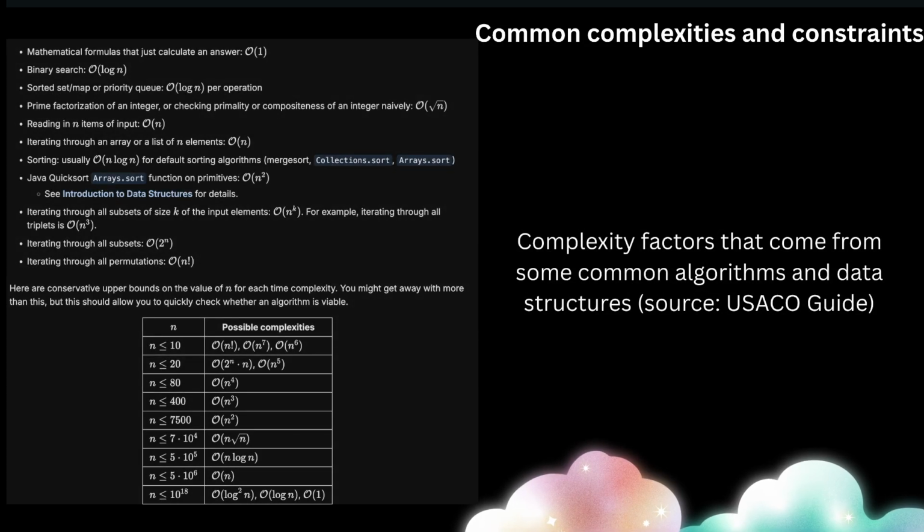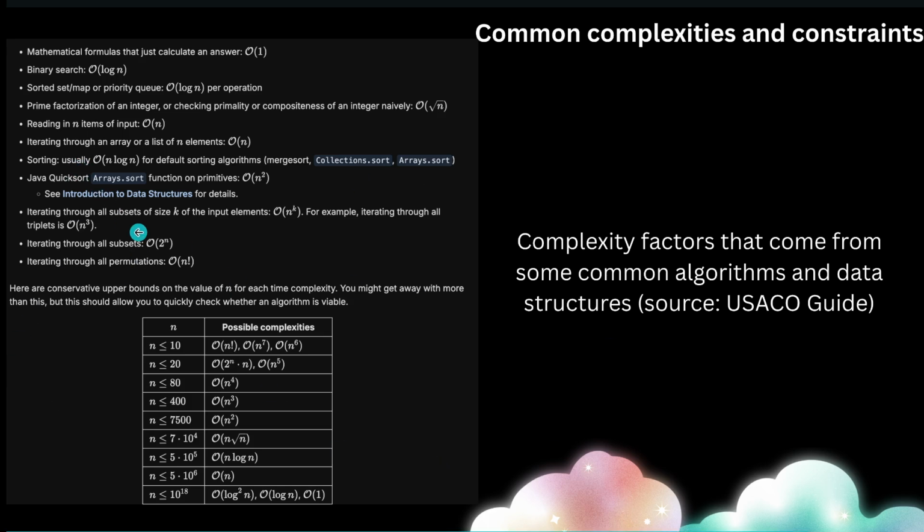This is a table that I cut from the USACO guide. It shows us complexity factors that come from some common algorithms and data structures.